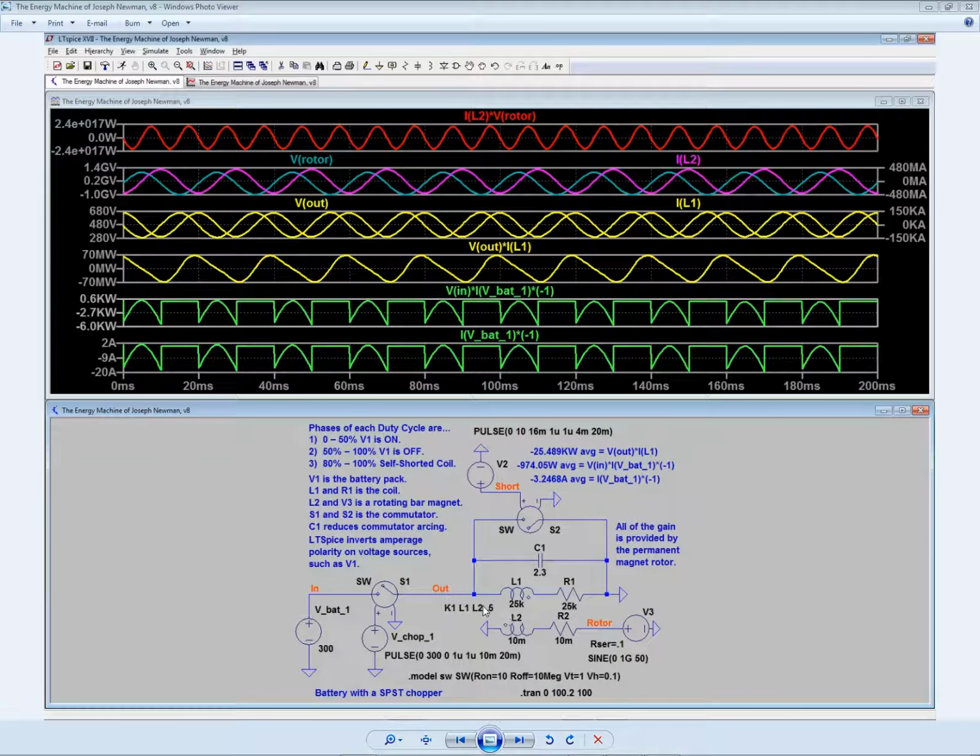And that is because I lowered the coupling coefficient to 0.5 between the two inductors.